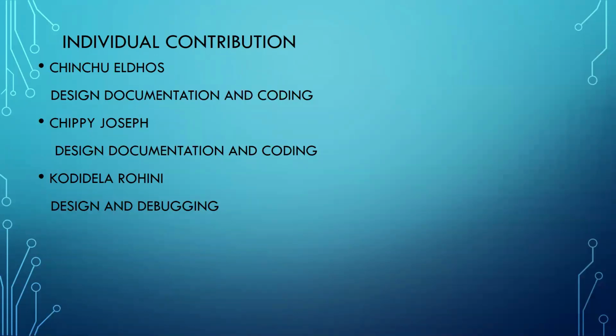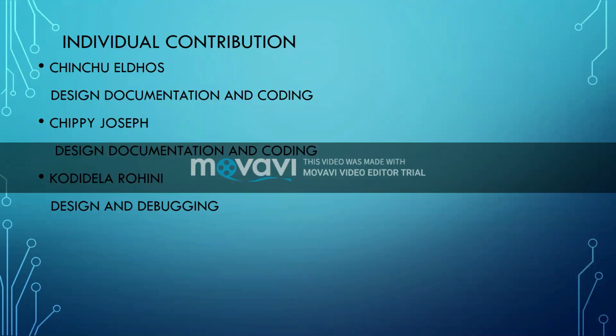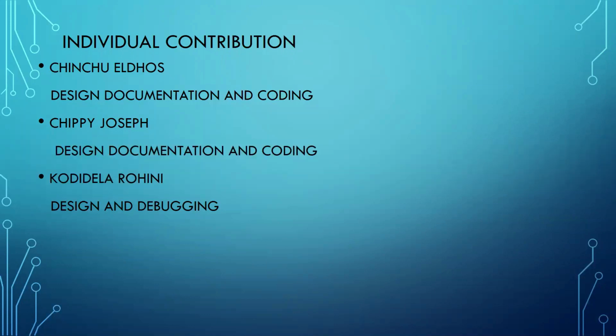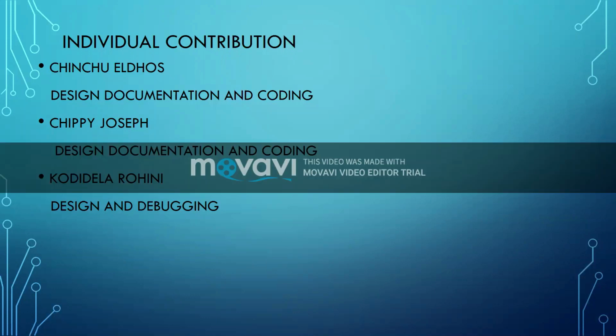As a group of 3 members, we have designed the binary to gray code converter as well as a test bench for generating the test cases and verifying our design. The design documentation and coding part is done by Chinchu Eldos and me, and for the design and debugging part, the main contribution is from Kodi Della Rohini.